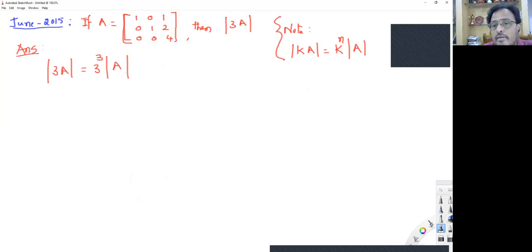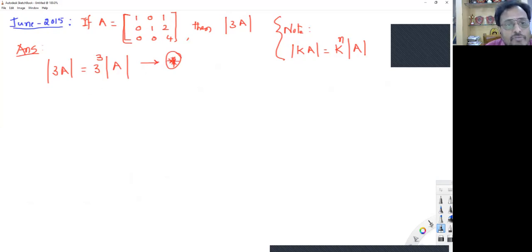Here I have written K to the power of N, where N is the order of the matrix. The given matrix is third order, therefore you write 3. If it is second order, you write 2. So determinant of 3A is 3 cube into determinant of A. This is equation star.